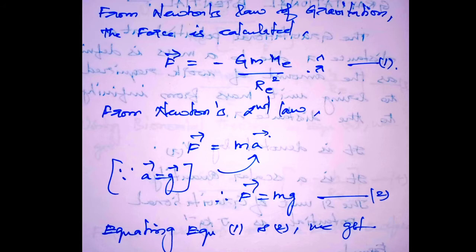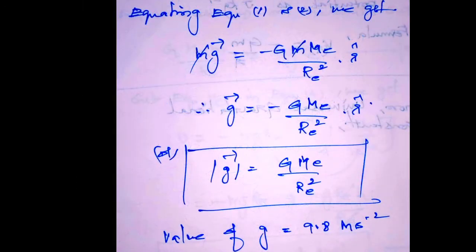Here g represents the acceleration due to gravity, and equating equations 1 and 2, we get m g vector equal to minus G m ME divided by RE square into R cap. Now cancel the m on both sides, so we get g vector equal to minus G ME divided by RE square into R cap.